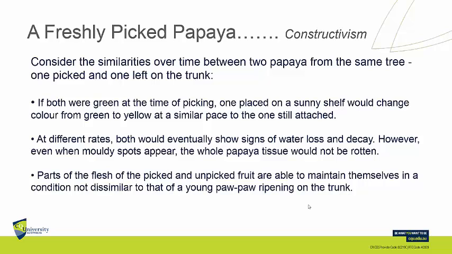We can weigh them to see whether there's any change in the physical mass. And finally, parts of the flesh of the picked and unpicked fruit are able to maintain themselves in a condition not dissimilar to that of a young pawpaw ripening on the trunk. So we're going to be able to look and see what those different processes are. So it's creating an observation framework.